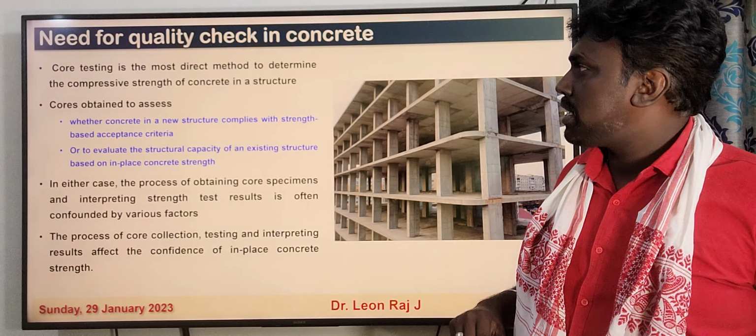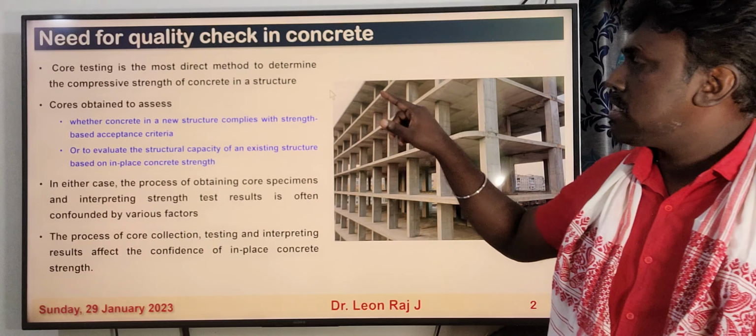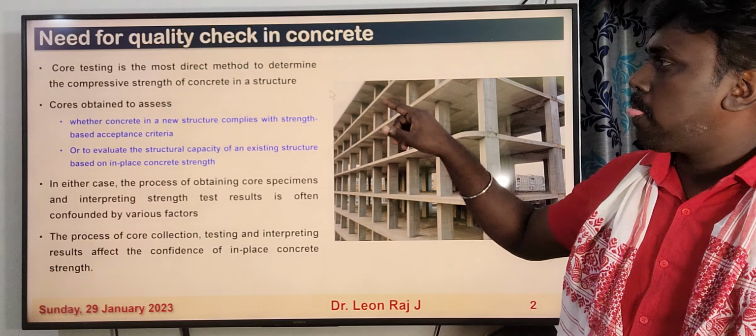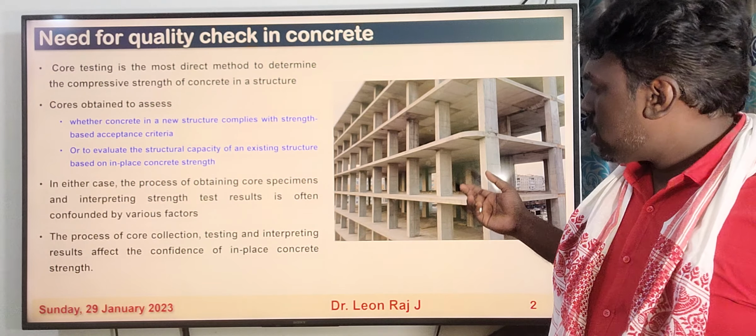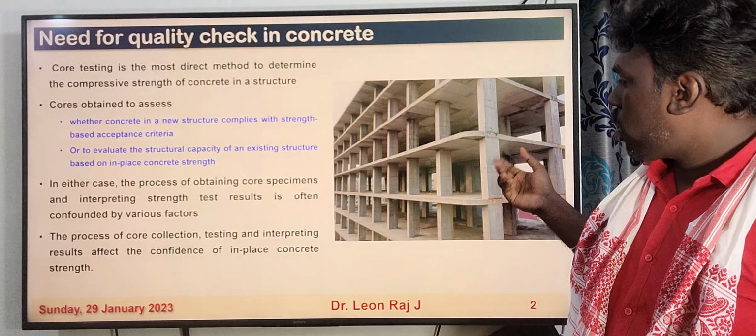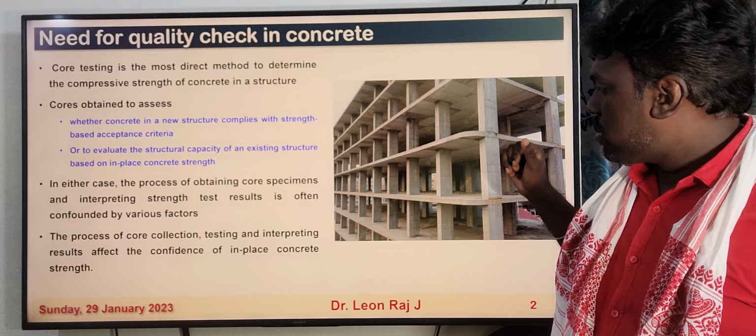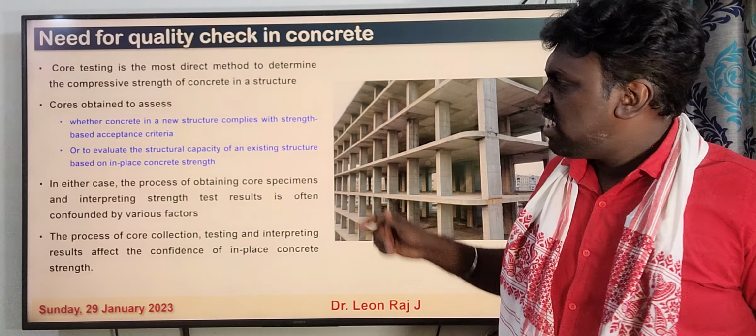So, the need for quality check. Core testing is the most direct method to determine the compressive strength of concrete in a structure. This is a concrete structure comprising columns, slabs, beams, and foundation.